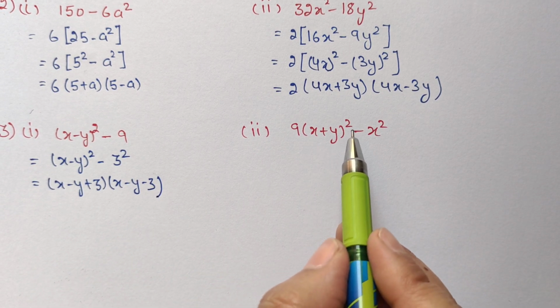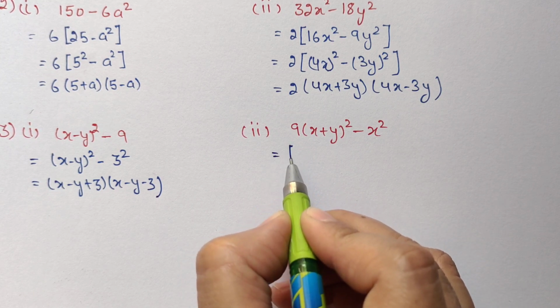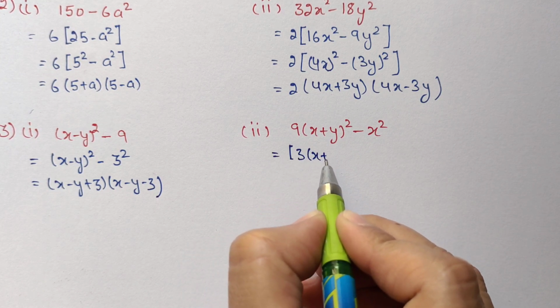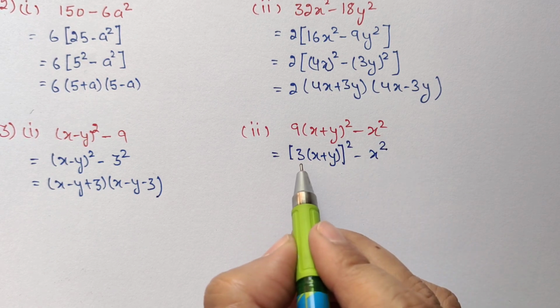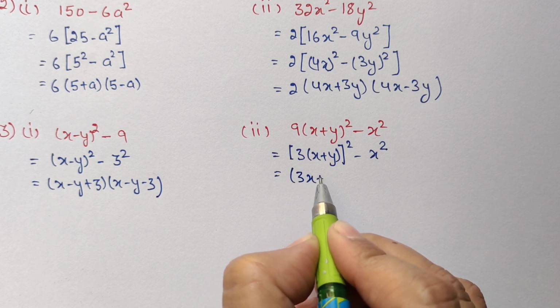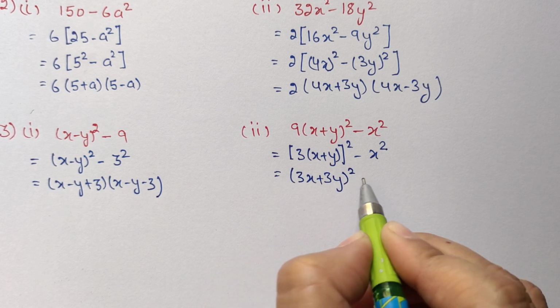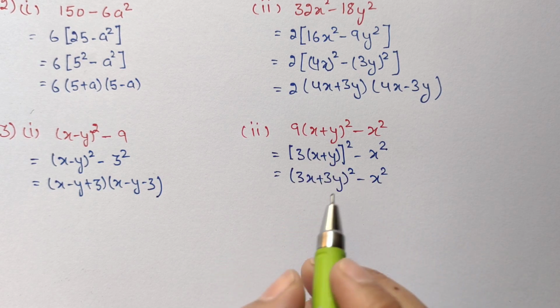Second part: 9x plus y whole square. So 9 we can write as 3 square. So this we can write as (3x plus y) whole square and this is x square as it is. The 3 you can multiply inside the bracket, so it will become (3x plus 3y) whole square. When you are multiplying this 3 inside, multiply with x also, with y also.